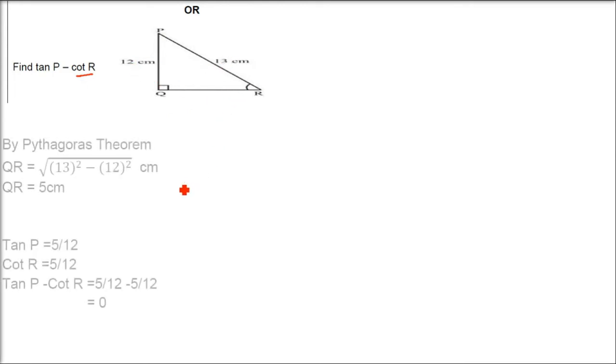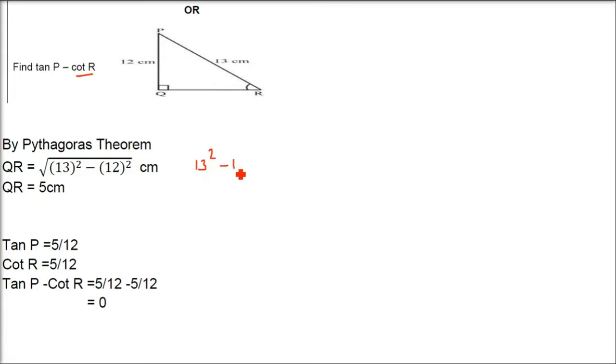First, let us find out the side. Let us use the Pythagoras theorem. So this will be 5. It will be 13 square minus 12 square. I am doing it directly. So this QR will be 5.